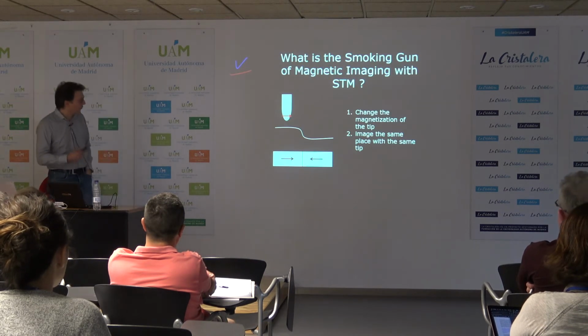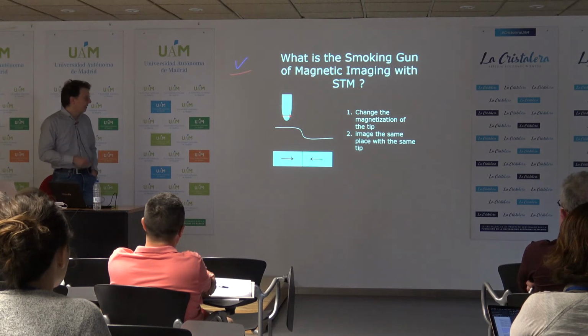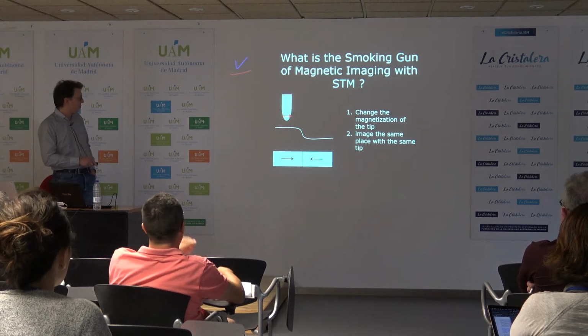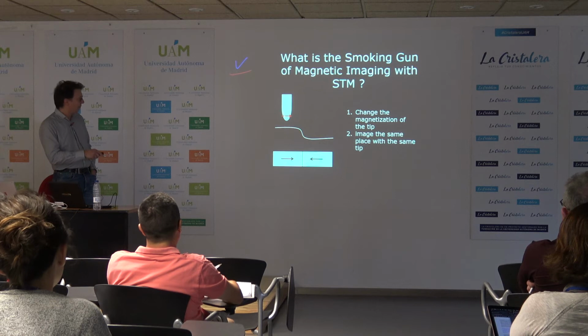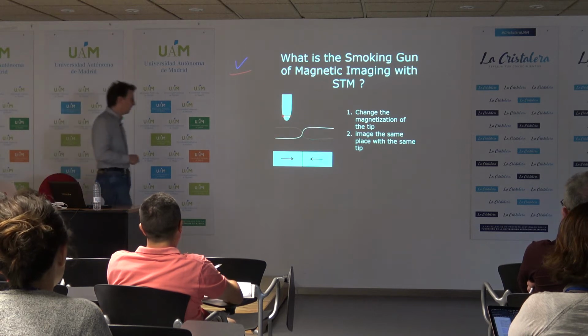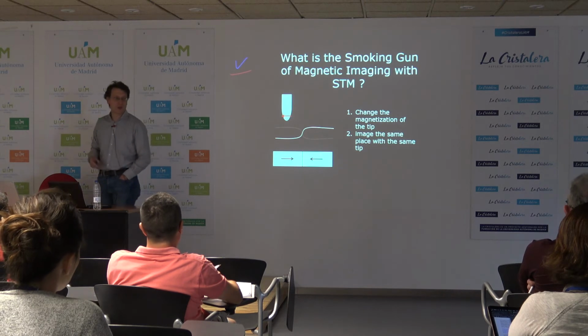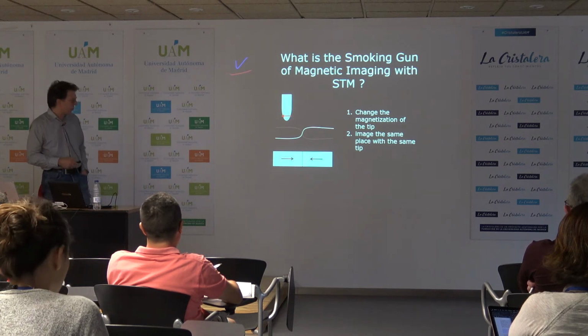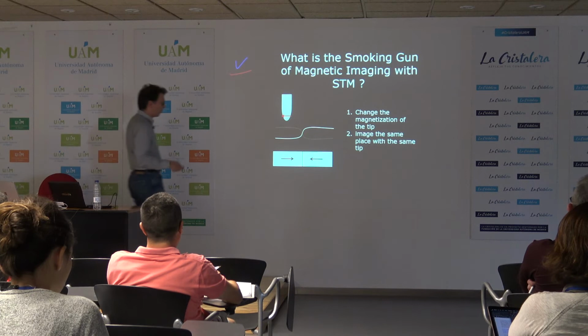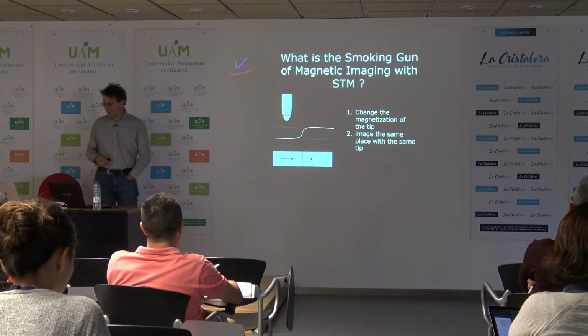And if you now want to prove that what you get is magnetic contrast, in an ideal world you scan the same area with a tip which is magnetized in one direction, and then with a tip which is magnetized in the opposite direction, and then you should see immediately a change in contrast which would give you the opposite contrast in the same location.